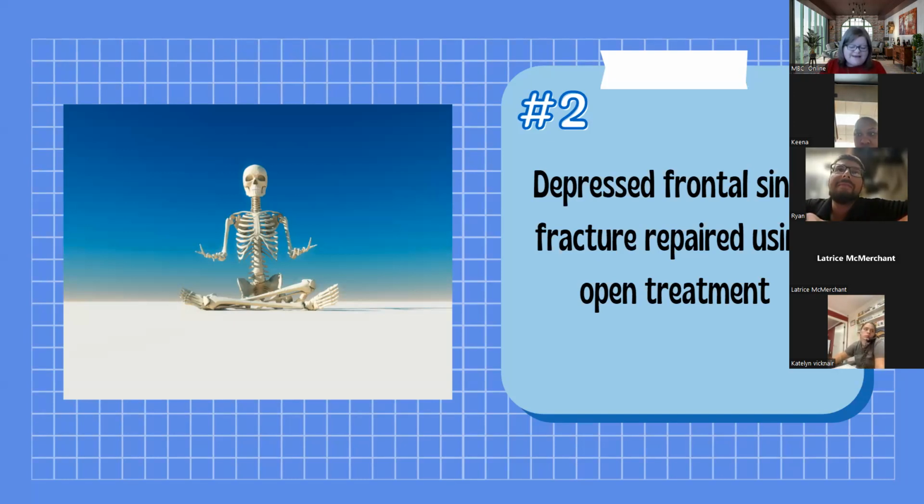We always verify anyway, but it's giving us 2 codes, so we definitely. 21344 is open treatment of complicated, example, comminuted or involving posterior wall frontal sinus fracture via coronal or multiple approaches. Well, that's way more than what we got going on, right? And a little bit. A little bit, right. So 21343 it is. Thank you, Ryan. Good job.